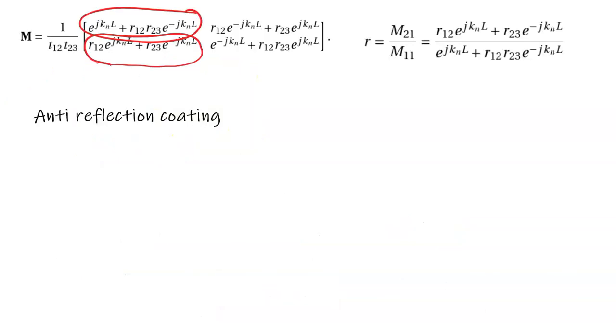One of the most important applications of thin films are anti-reflection coatings. With this formula, we can now analyze how this works with a single film on a substrate. If we wish to completely suppress reflection from the substrate, we set the denominator of the equation for the reflection to 0.